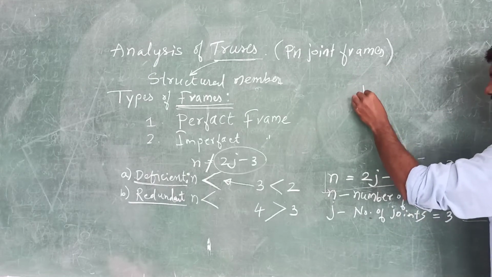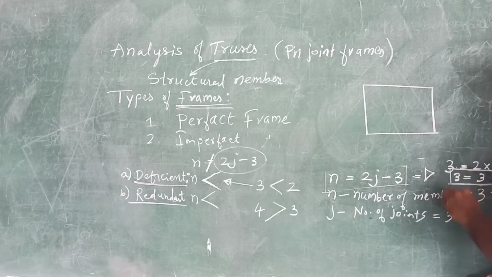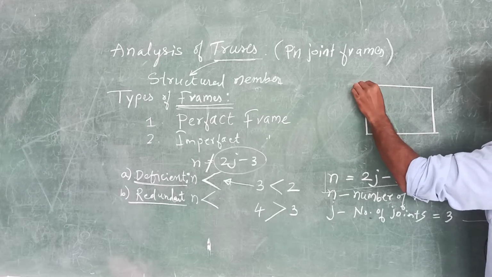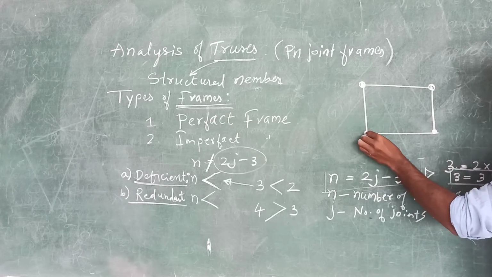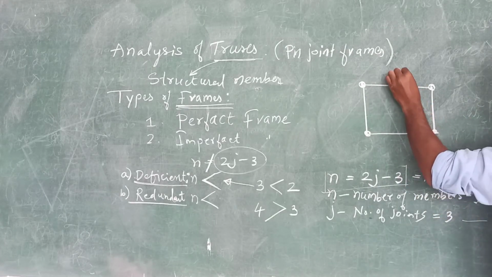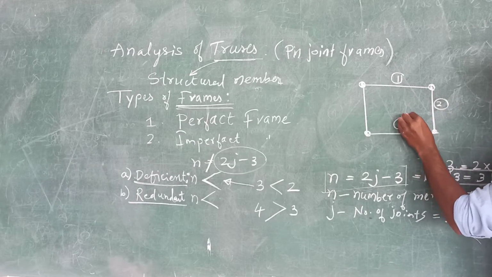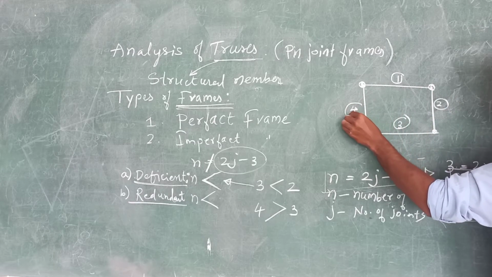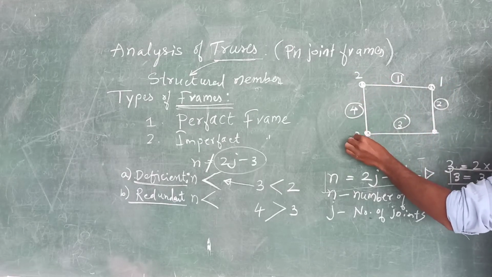Okay, so let us take an example for a deficient imperfect frame. We'll draw a quadrant or 4 bar element. A 4 bar means 4 elements. So here are the 4 elements and the number of joints. How many members? 1, 2, 3, 4. So the number of elements is 4 and the number of joints is 1, 2, 3, 4.